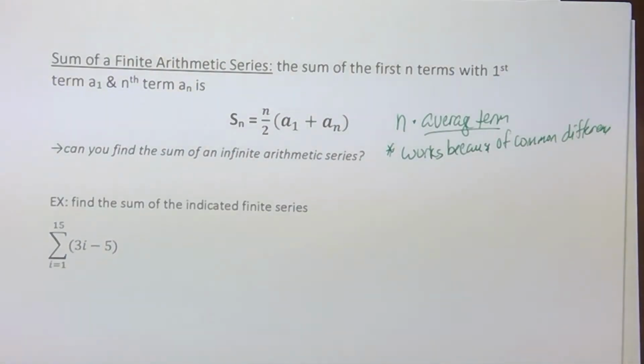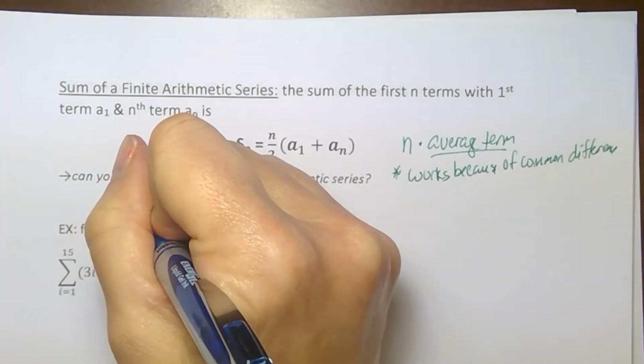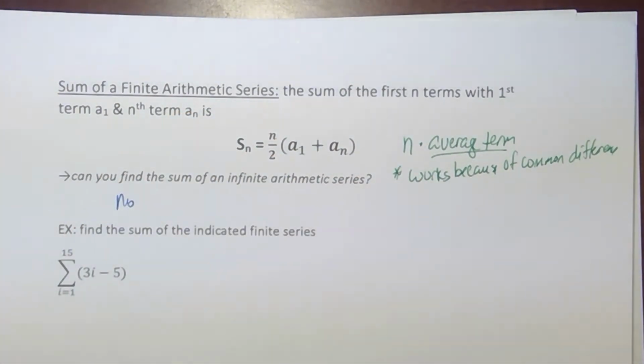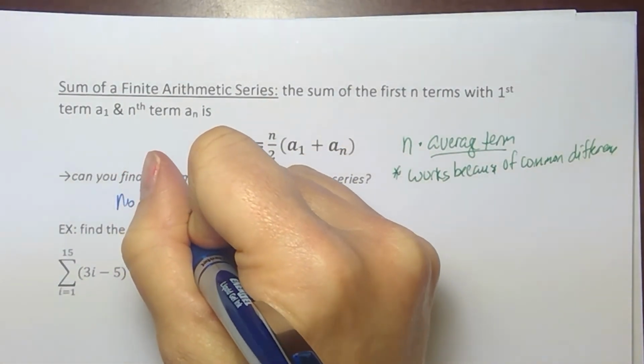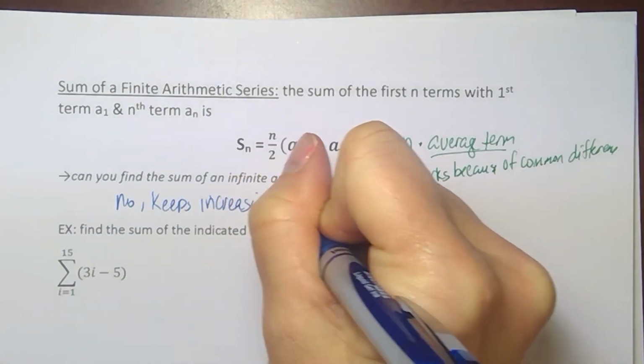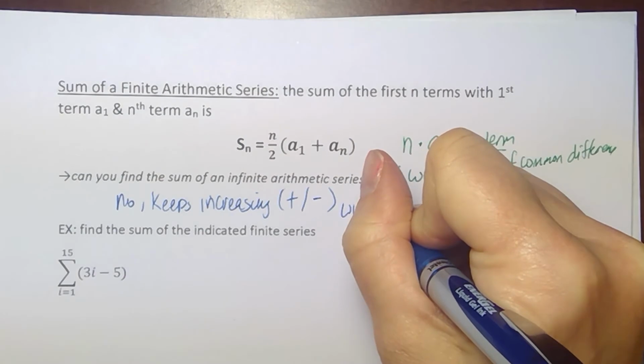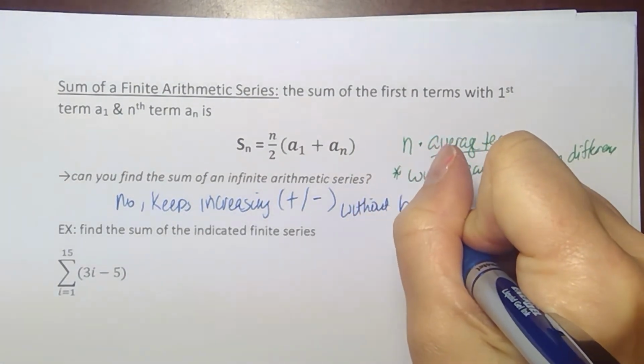So if I have an arithmetic series, I can't find the sum of an infinite number of terms because it just keeps increasing without bounds, and it can keep increasing in either a positive or a negative direction. Without bounds means it never stops.